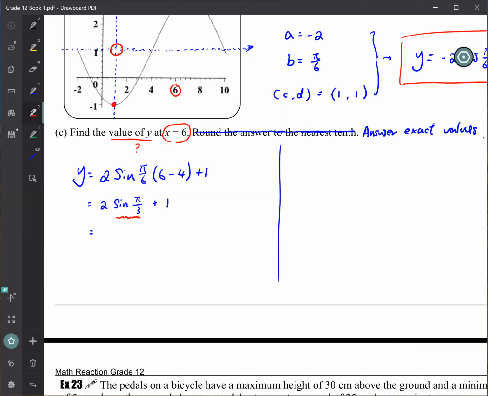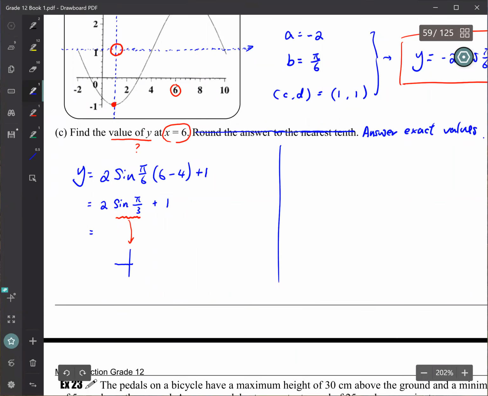Cindy, Samantha, Trudy, any question about exact values? Samantha, Trudy, any trouble? I forgot how to do. Okay. So you start by drawing the pi over 3.